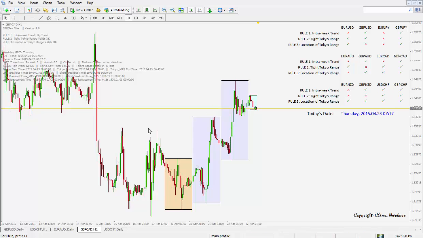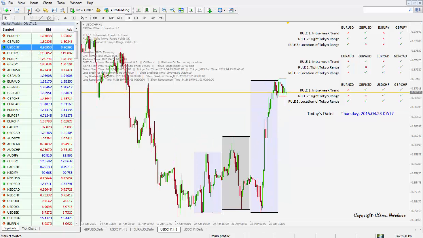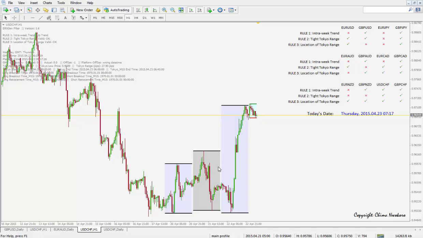Next, USD CHF. USD CHF, higher high, 3 higher highs, and just a higher low here, which will count as an intra-week trend.